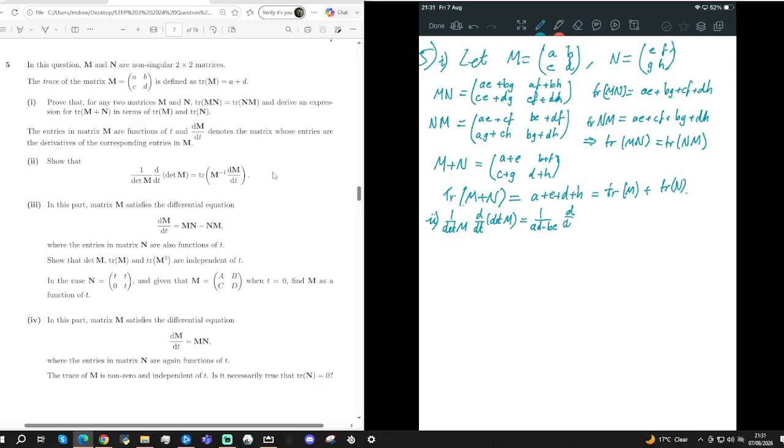And then we've got the derivative of the determinant of M, which is again AD minus BC, but all of A, D, B, and C are functions of t. So if I'm wanting to differentiate that, I'm going to have to use the product rule on all the various parts. So it's going to be AD dash plus A dash D minus BC dash minus B dash C. Is there anything clever I can do with that?